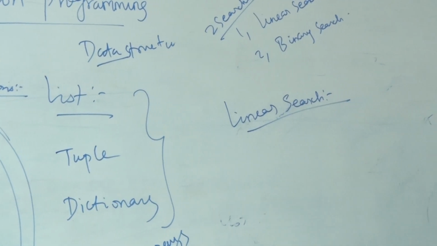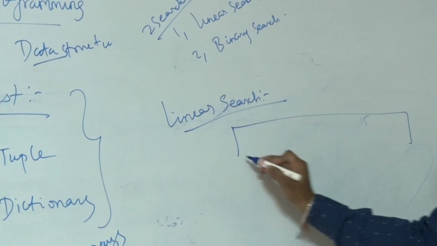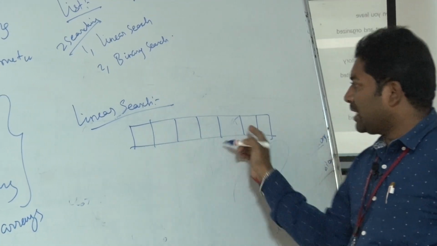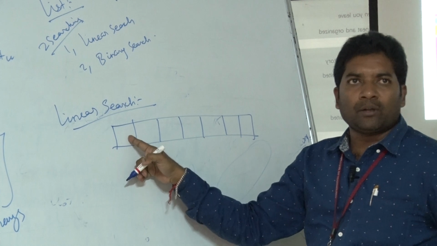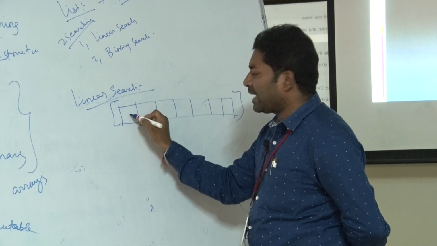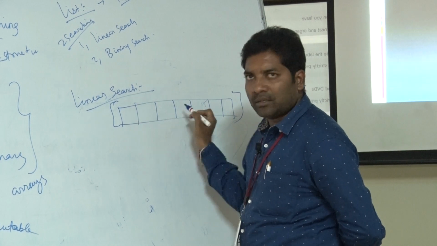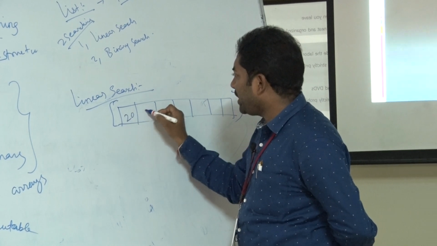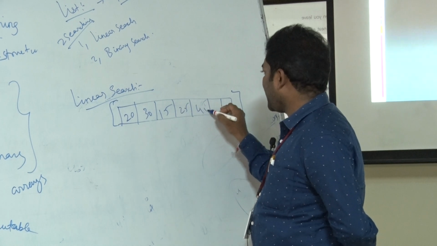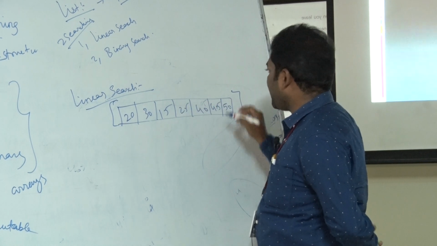So what is linear search? Here comes the list of elements. I have just created one list, a collection of variables: 20, 30, 15, 25, 40, 45, 50.